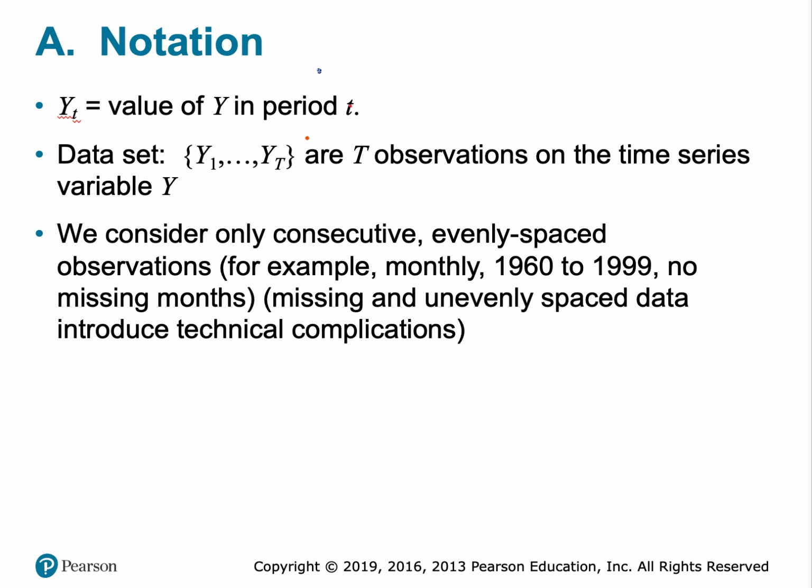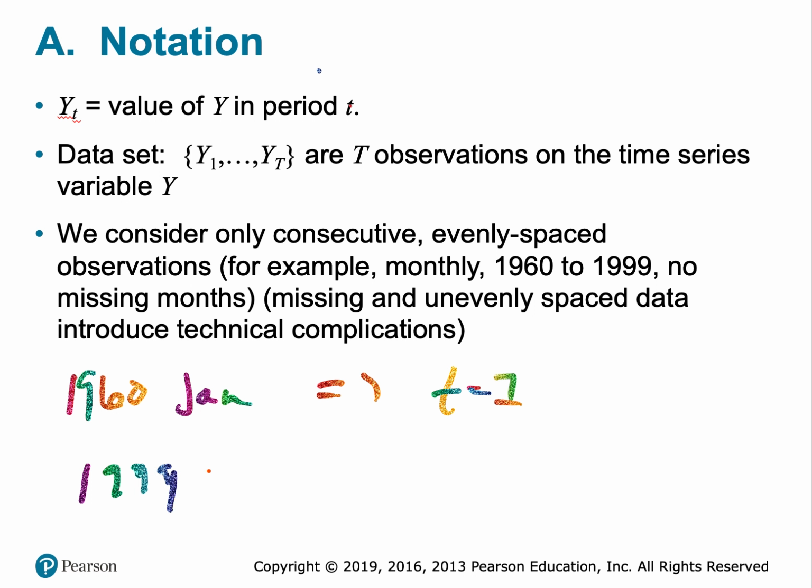So we may have monthly observations from 1960 to 1999, where January 1960 is t equals 1, and December 1999 would be your final T.